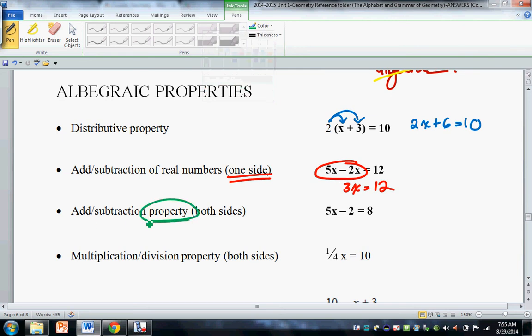Versus the addition and subtraction property. Whenever you see property, you're working on two sides of the equal sign. So for example, if I'm solving here and I go plus 2 on one side, I cross the equal sign and I write plus 2, that would be considered the addition property. Property happens on both sides of the equal sign.